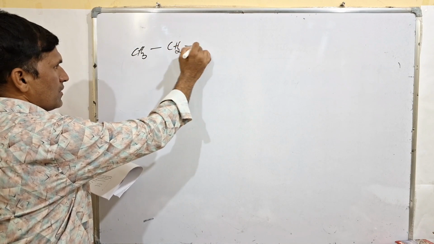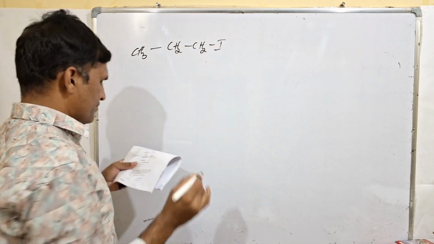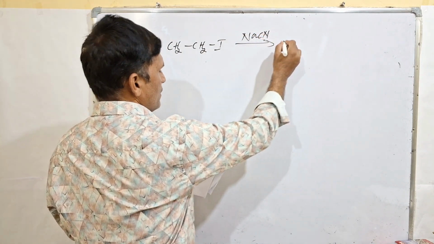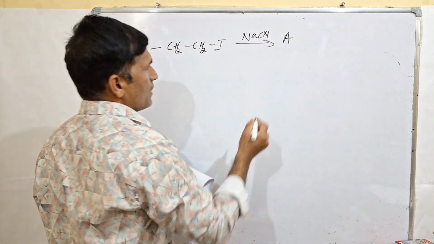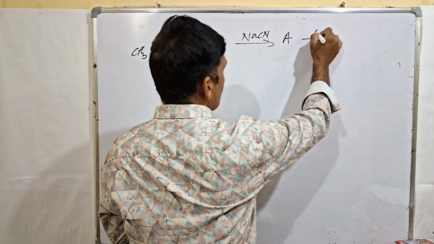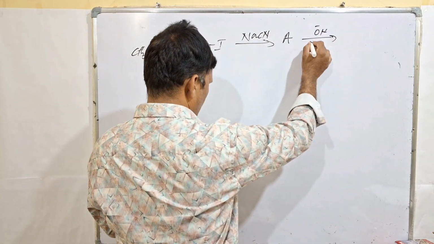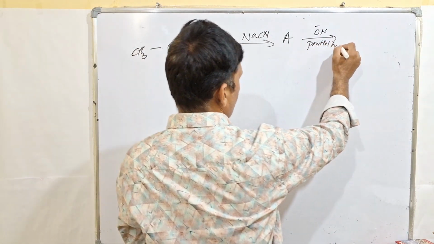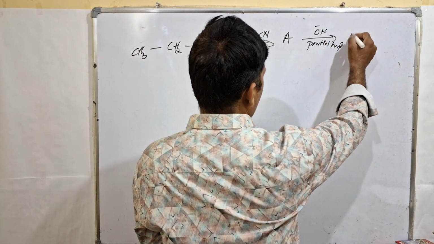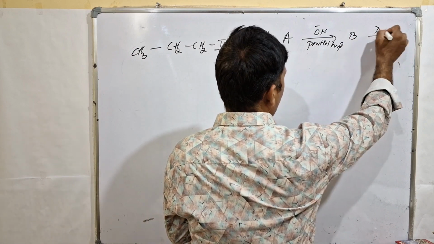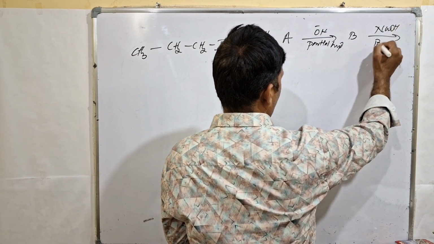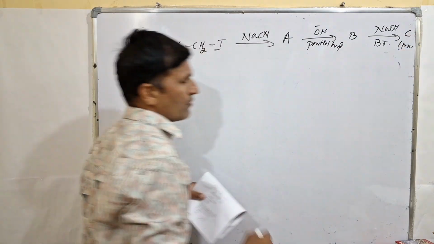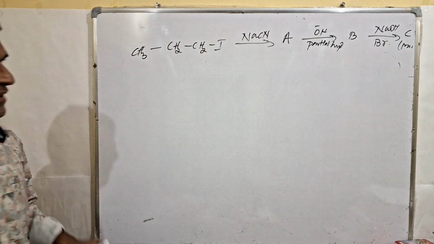CH3CH2CH2I, sodium cyanide is used, then you will get the product A. This product, in the presence of alkali, undergoes partial hydrolysis, complete we are not doing, partial hydrolysis. Then you will be getting B, and in the presence of NaOH and Br2, you will be getting C as the major product. And what is that C you have to identify.